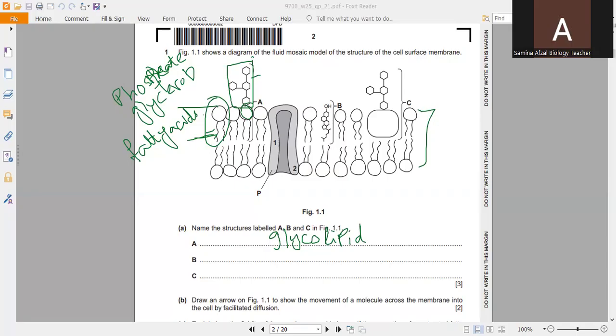You can see over here, it is between these two phospholipid molecules. So this small molecule is cholesterol.